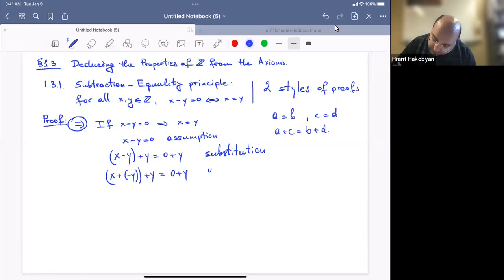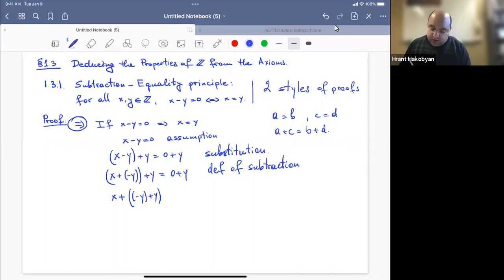This is by the definition of subtraction, because saying that I'm subtracting y is the same as I'm adding minus y. So then I can write x plus minus y plus y.